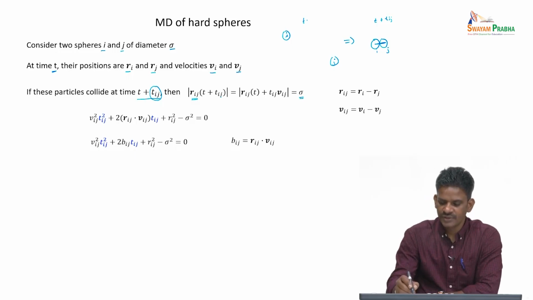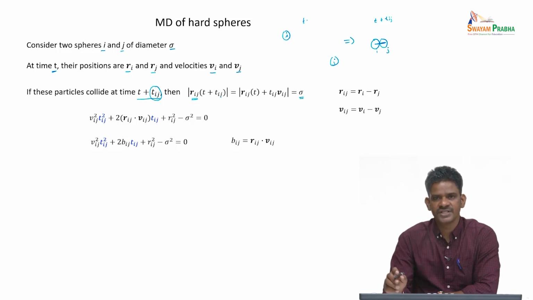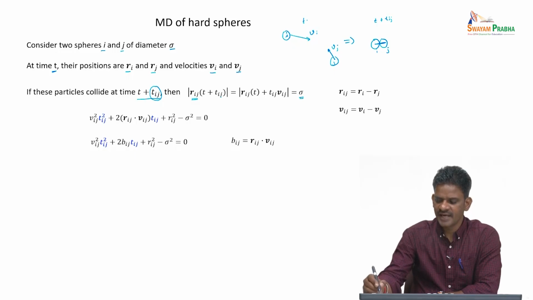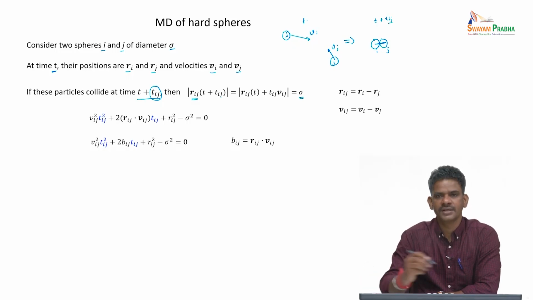So now from t to t plus Tij, each of these particles would have moved at a constant speed, because they do not have any force acting on them until they collide, and that is the feature of the hard sphere model. So this particle must be travelling at a constant velocity Vi, and this must be travelling at a constant velocity Vj for a time Tij.